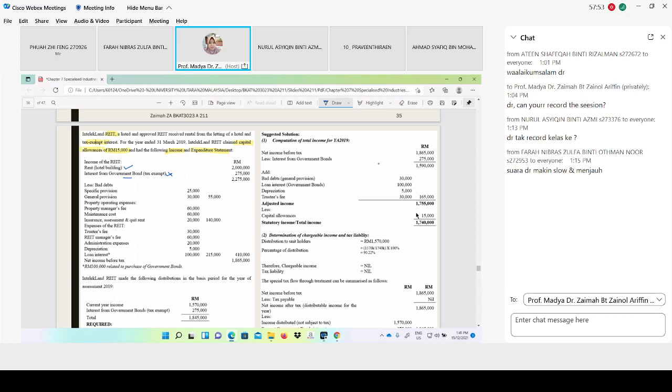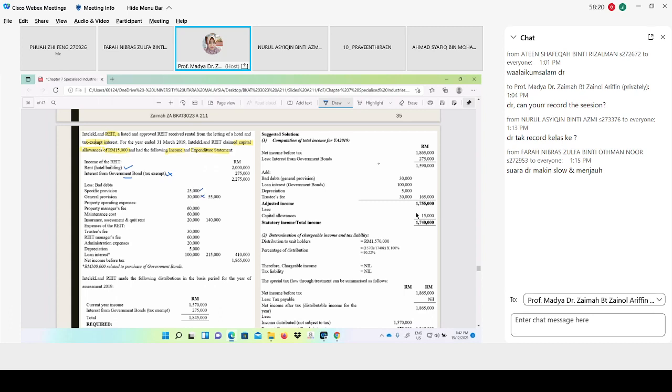And then you have information about expenses, a list of expenses where you need to determine whether it is allowable or not. Specific provision, it is allowable. General provision, it is not allowable.